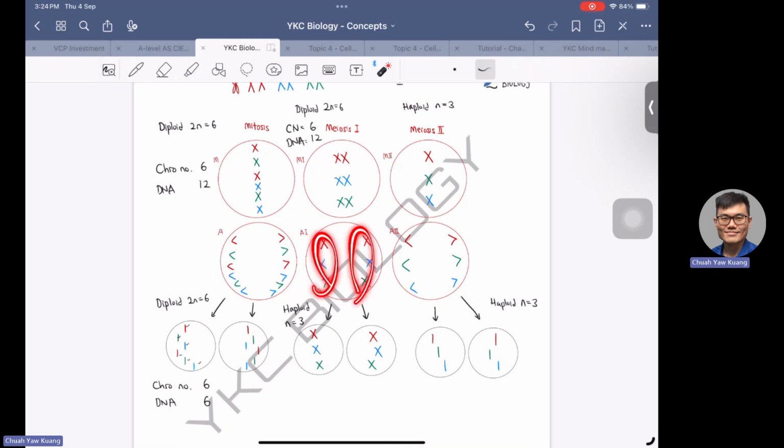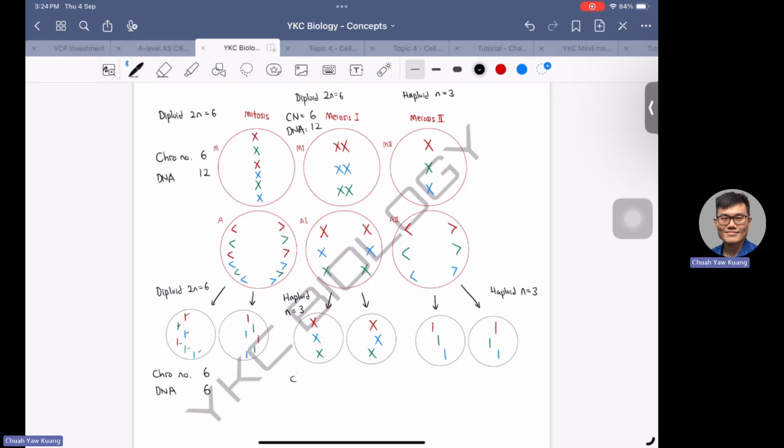After anaphase, the cell goes into telophase and then separates into 2 daughter cells. Each daughter cell will have only 3 chromosomes. How about the DNA content? Each chromosome has 2, so the DNA content is 3 times 2, which equals 6.